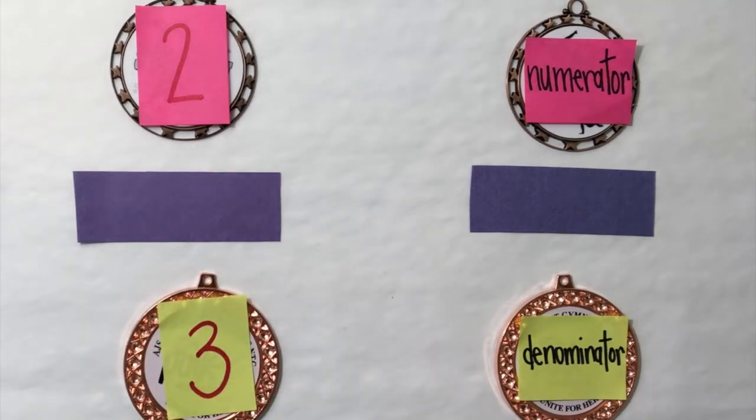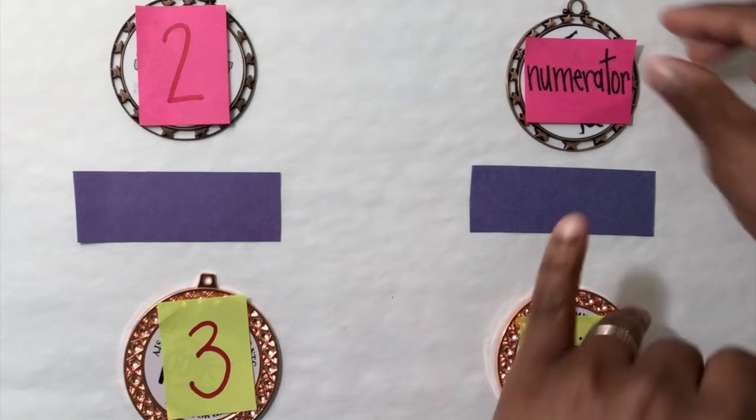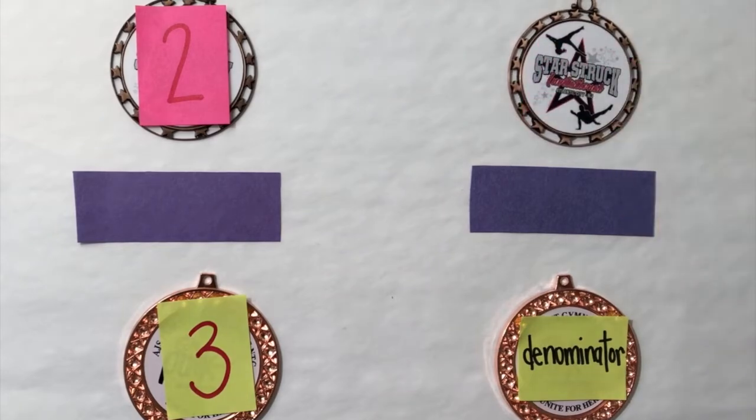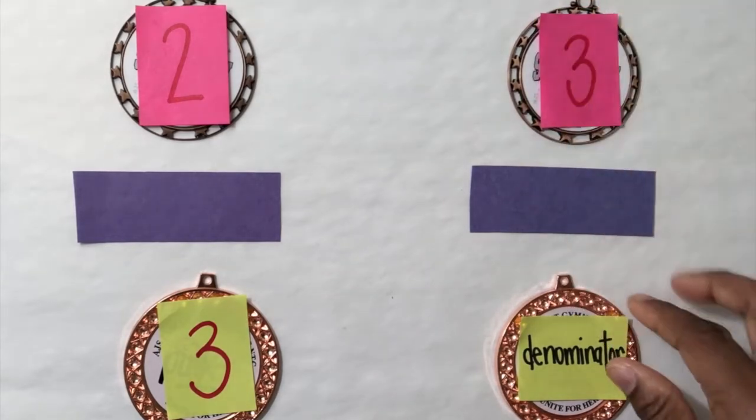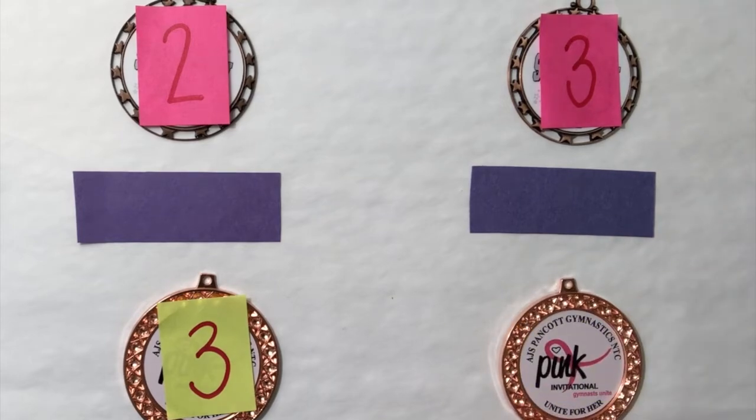Next, I'm going to build the fraction 3/4. Which number is our numerator and which number is our denominator? You guessed it. 3 is our numerator, and 4 is going to be our denominator.